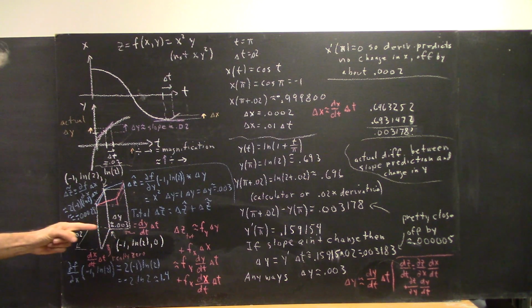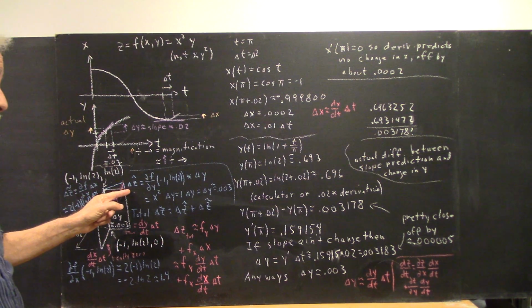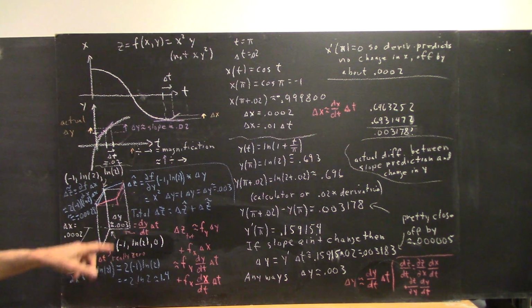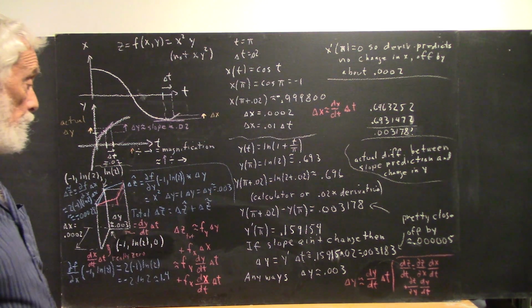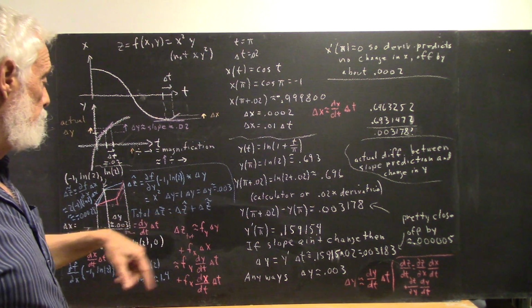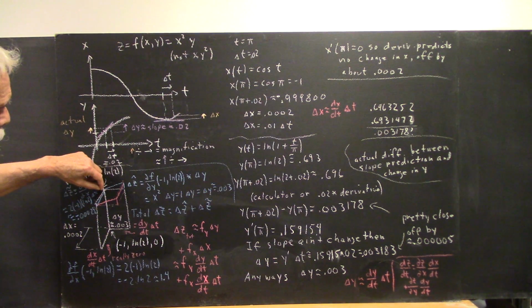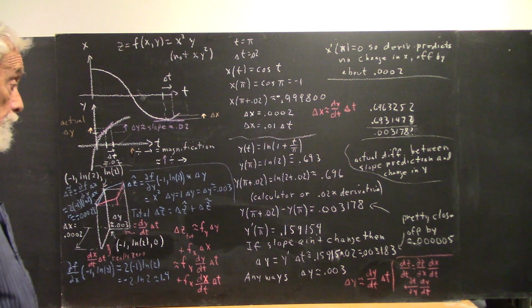Here, the change in y is the run from here to here. We multiply that by the slope, we get the rise. So the rise, since the slope is 1, the rise is equal to the run being 0.003. So we get delta z equals 0.003 if we just look at the change in the y direction.